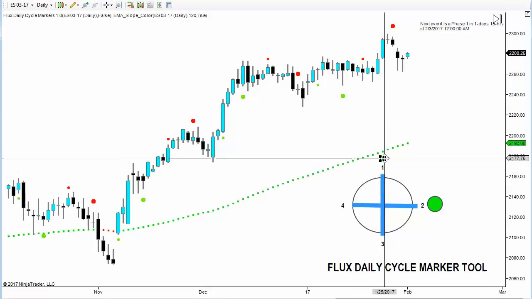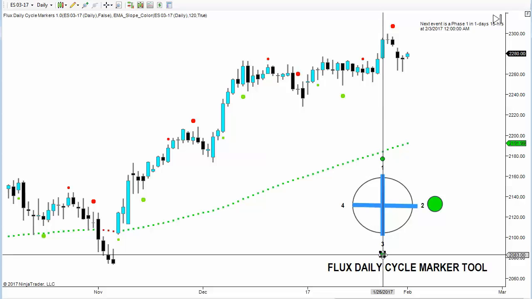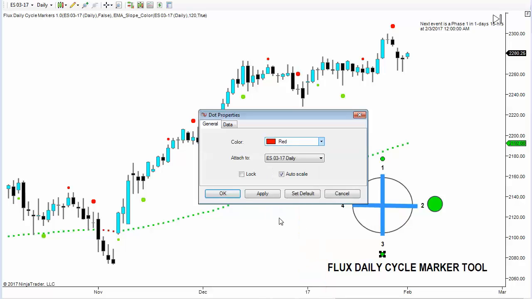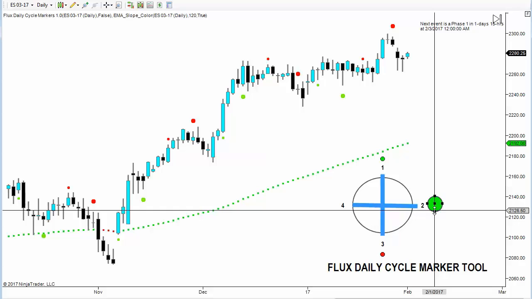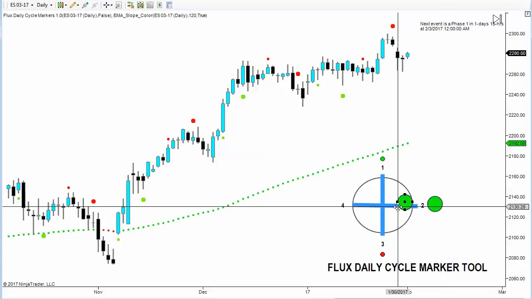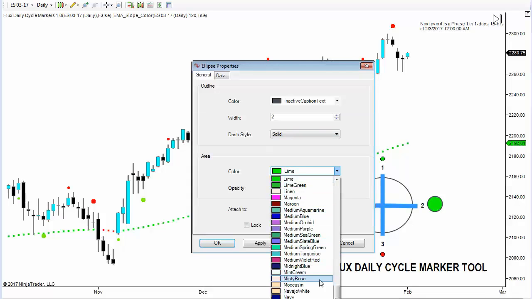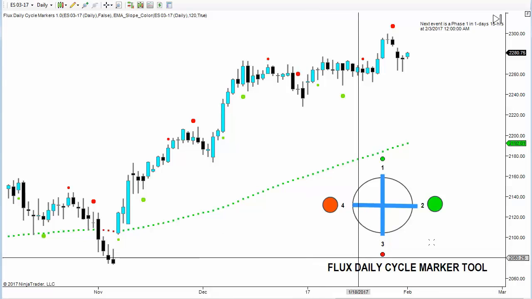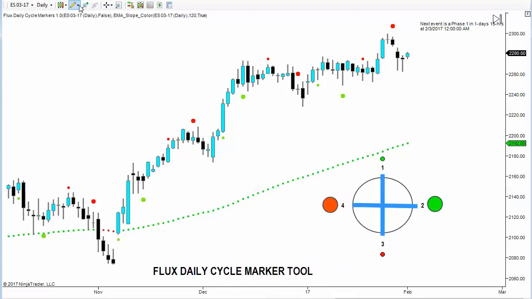The phase 3 is represented by a small red dot. You see where we're going here. And the phase 4 is represented by a large red dot. And that's the Flux daily cycle marker tool in a nutshell.